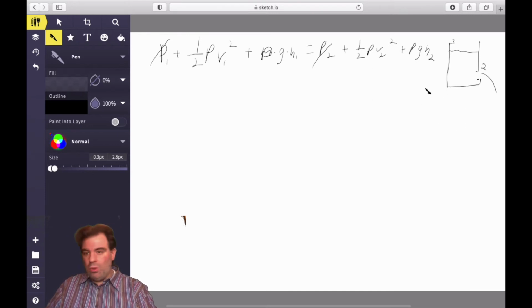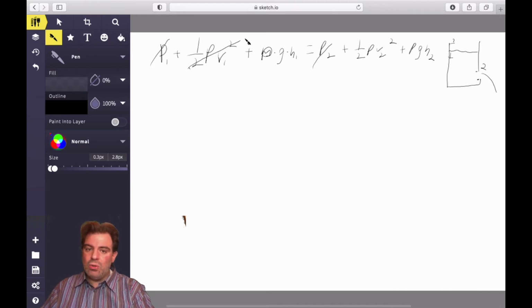Now let's look at the velocities. Look at this top velocity over here. This top velocity by which the particles are going to start to descend is going to be a lot slower than the one by which they exit this side hole over here. So we say that this is going to be close to 0. It's not exactly 0, but it's pretty close to 0. Now, let's look at the height.